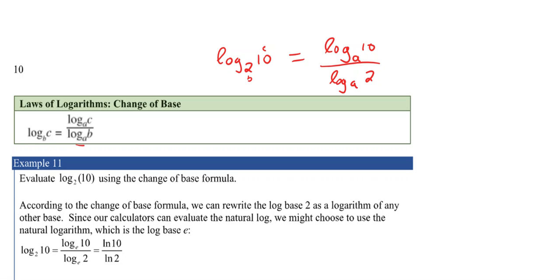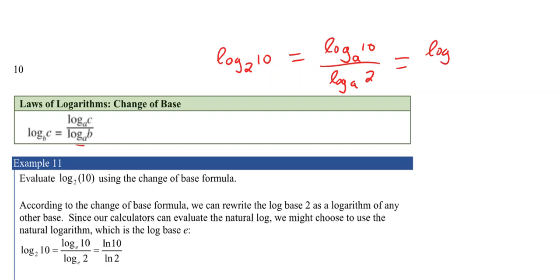Now, do you see the pattern that happened here? It's log base something of 10 over log base something of 2. It's easy to remember because the 10 is over top of the 2 when you write it out. And the log base a means it doesn't matter what base we use. So why don't we just use the common log?